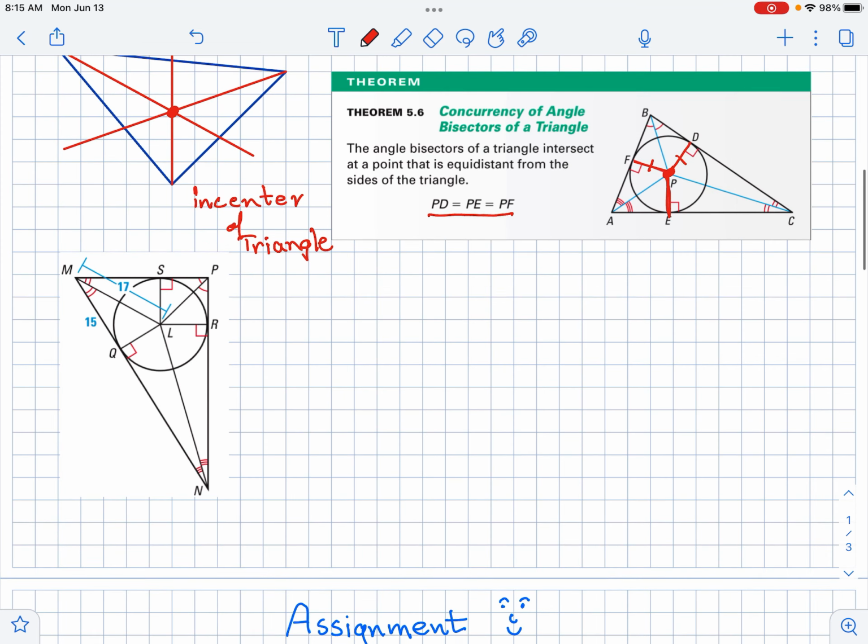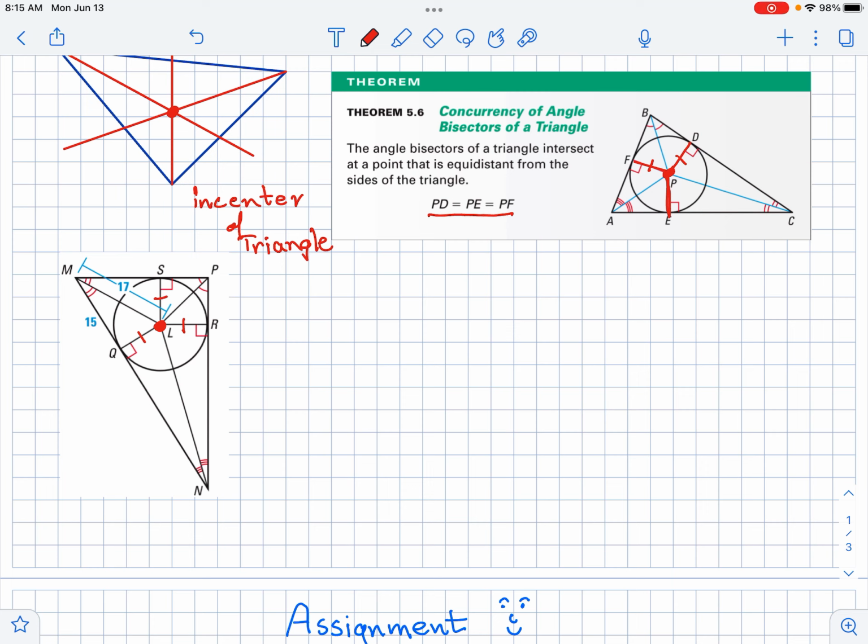So consider this triangle here. And notice that we have the incenter of the triangle here. Now, from this theorem, we know that this side, this side, and this side all have the same length.